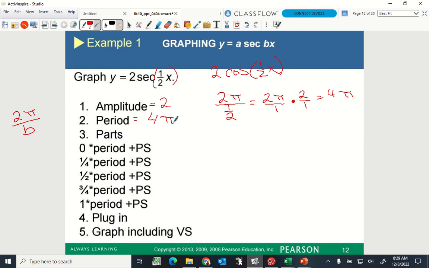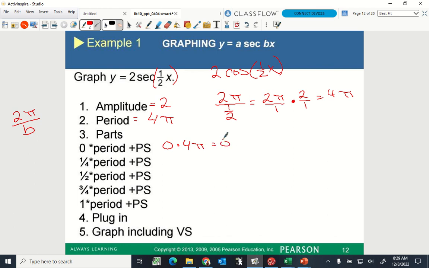Anyway, all right. So parts. To do this, it's going to be 0 times period plus my phase shift. Does this one have a phase shift? No, it doesn't, because right here is just 1/2 x. There's nothing else adding or subtracting to that. So it's 0 times period, which is 4 pi, which gives me 0.